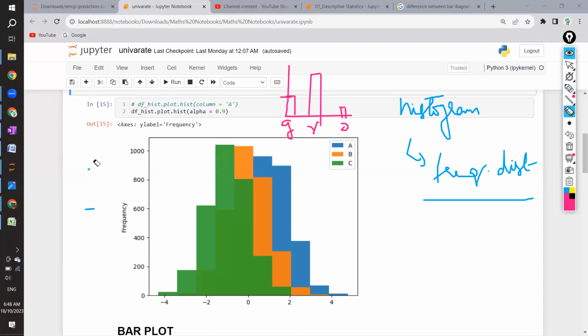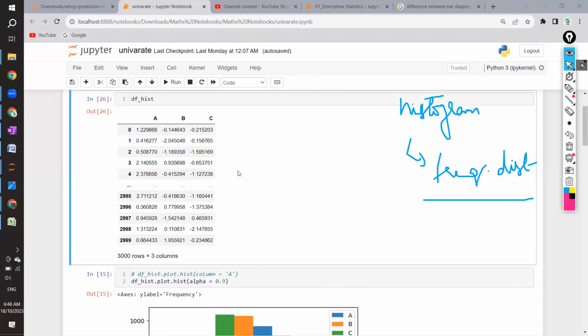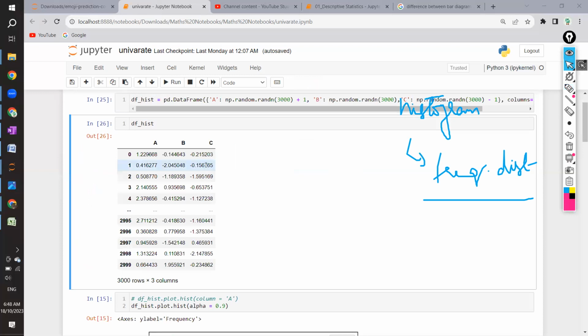But the histogram is basically designed for continuous data, guys. It's a frequency distribution graph, but it was invented for continuous data. In continuous data, if you consider column A, almost every value is unique. Randomly generated, every value is unique, as I was trying to point out yesterday also.